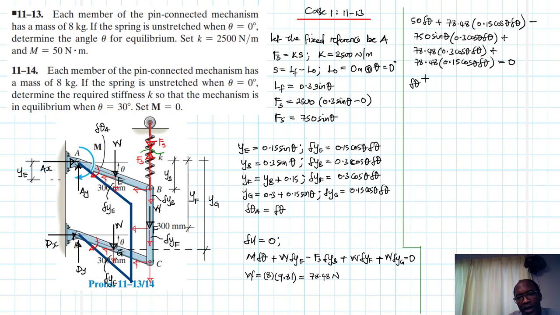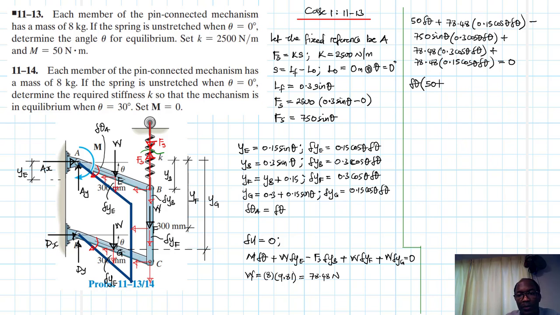So if we factor out del theta, we are going to have a 50 there like so. And then let's sum up everything. 78.48 by 0.15, plus 78.48 by 0.3, plus 78.48 by 0.15.